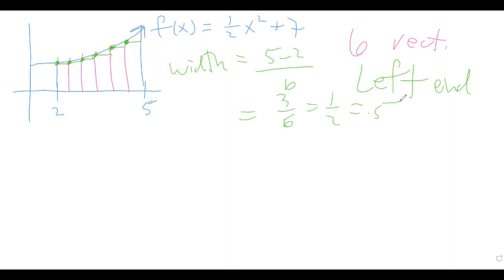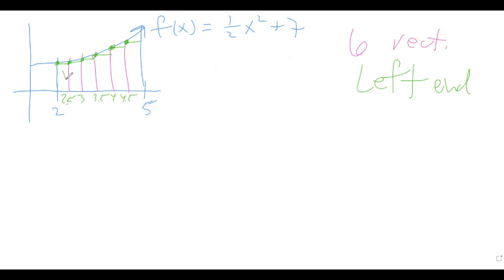So each of these rectangles has a width or a base of 0.5. That makes sense because if I label 2.5, 3, 3.5, 4, 4.5, and then 5, it makes perfect sense.